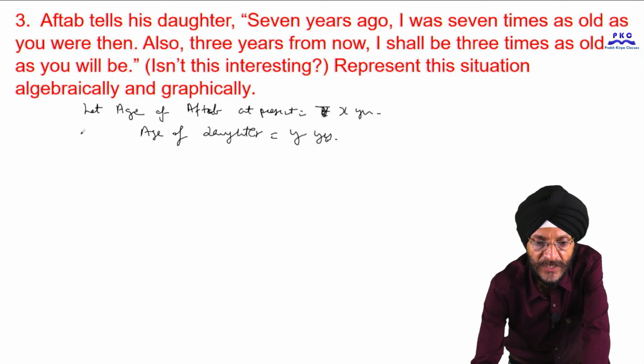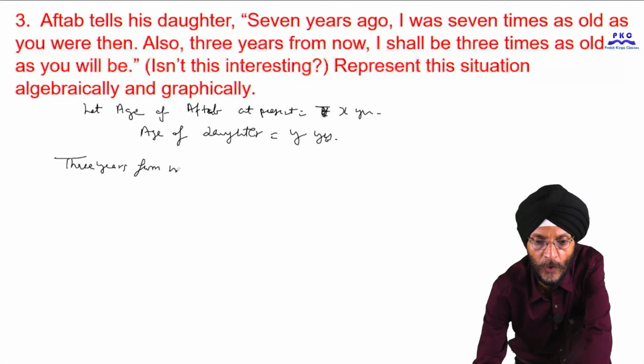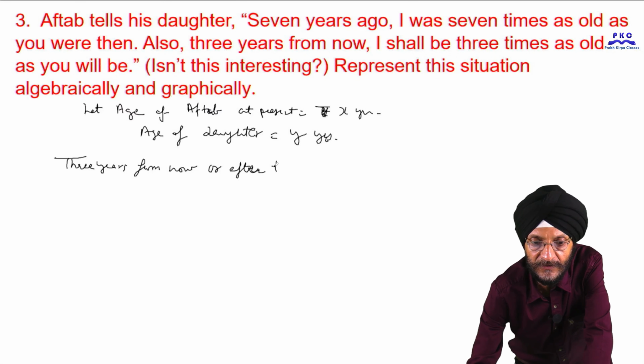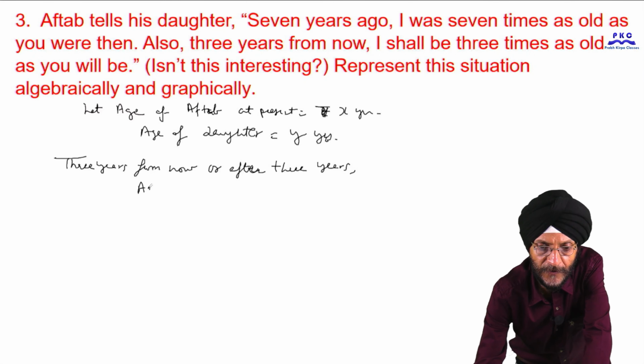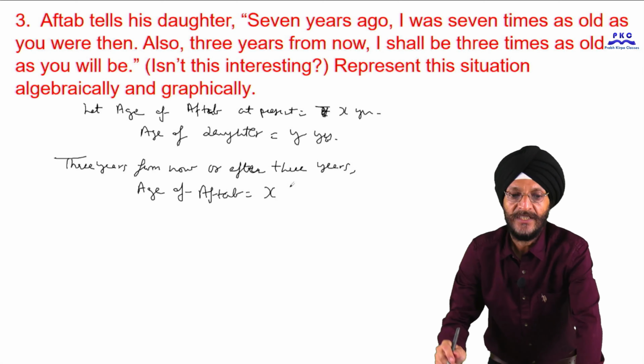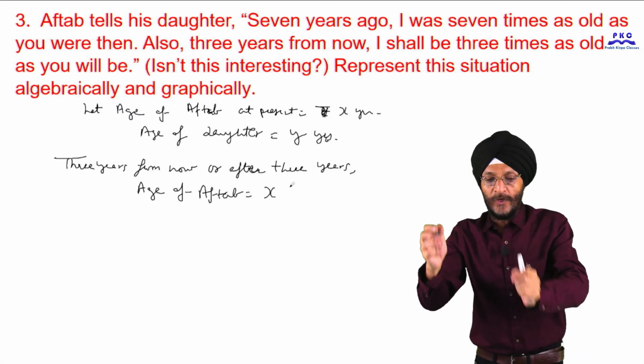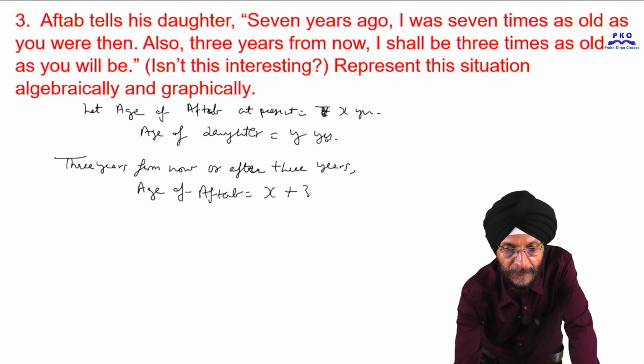So now what is 3 years from now? 3 years from now means after 3 years from the current date. What will be the age of Aftab after 3 years? After 3 years, Aftab will become 3 years older. So it becomes x plus 3.